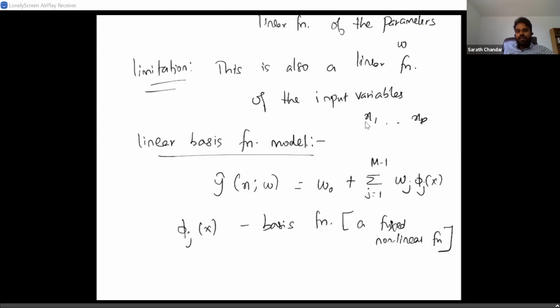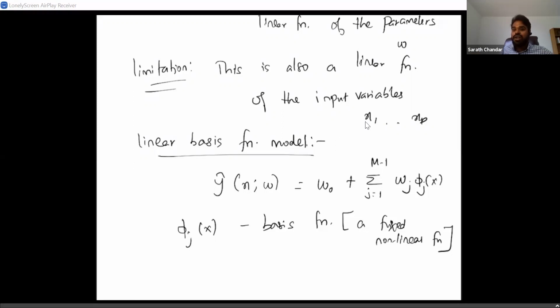So this is a hack that we are doing here. We are essentially taking a linear model, which is linear both in terms of parameters and the inputs. And our goal is to come up with a model which has a non-linear decision boundary. So we want something which has a complex decision boundary. There are two ways in which you could do this.